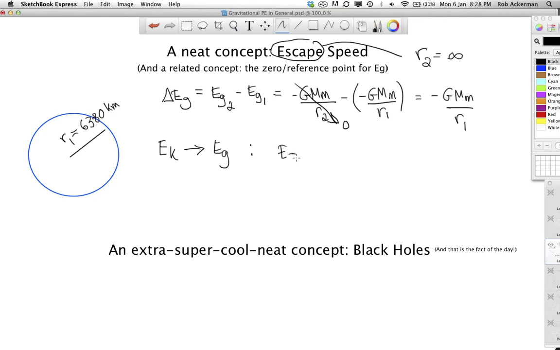We write E total is a combination of Eg plus Ek. All right? And we realize that from the law of conservation of energy, we're going to get that E total at R1 has to be equal to E total at R2.